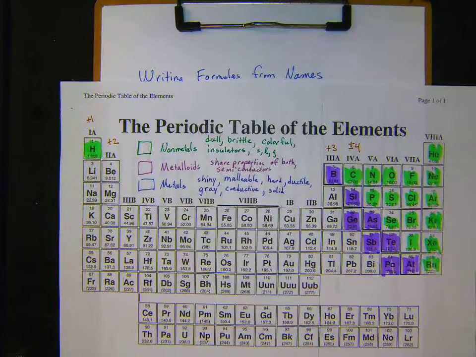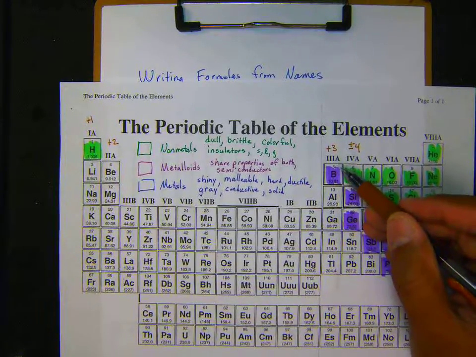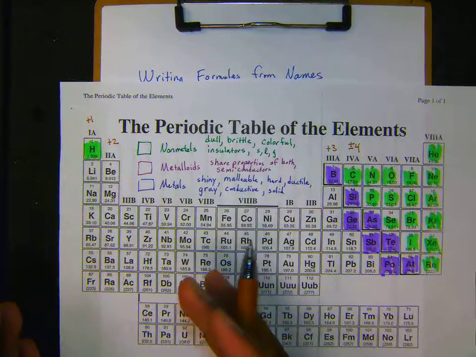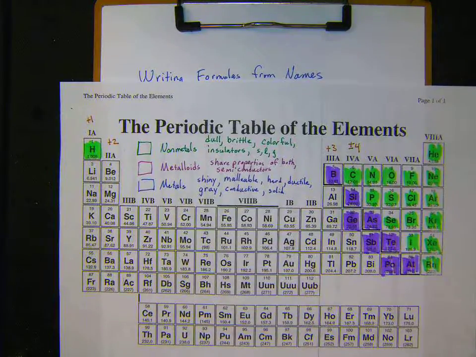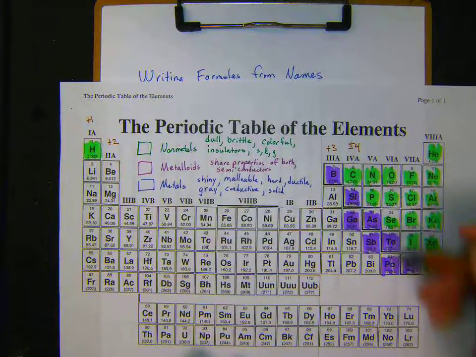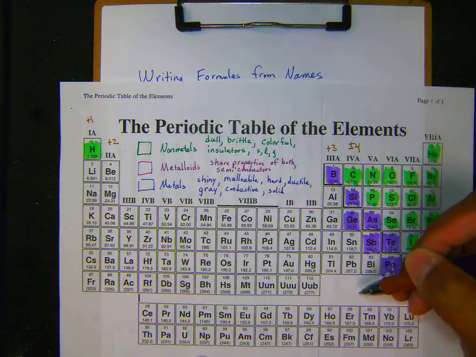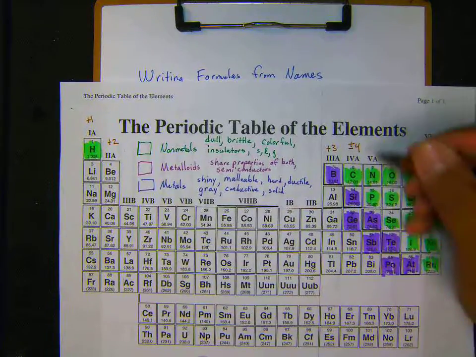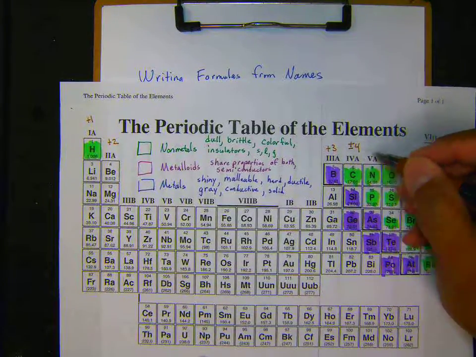Now, when it says positive or negative 4, that doesn't mean carbon is both positive and negative. No, it's one of them. It's either the positive or the negative. Some of these are just positive 4. Some of these are negative 4. So that's why this column is a positive or negative 4.